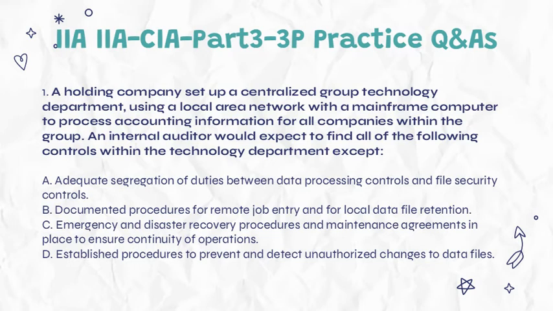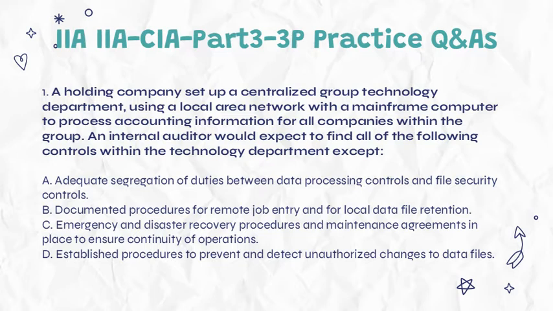1. A holding company set up a centralized group technology department, using a local area network with a mainframe computer to process accounting information for all companies within the group. An internal auditor would expect to find all of the following controls within the technology department except A. Adequate segregation of duties between data processing controls and file security controls.